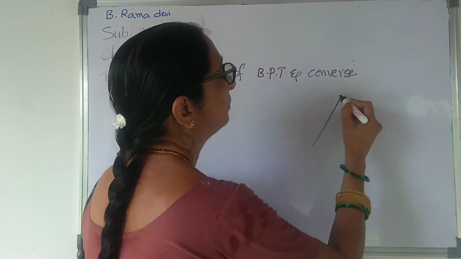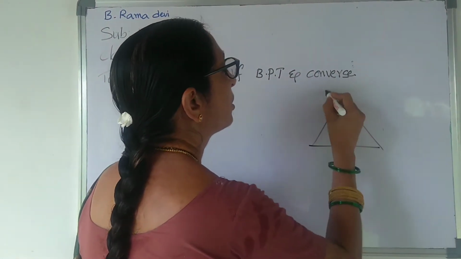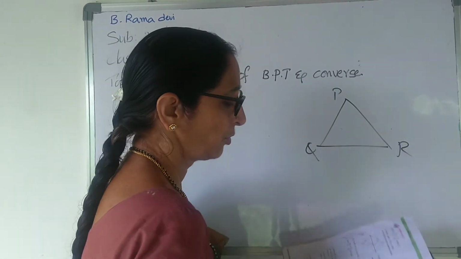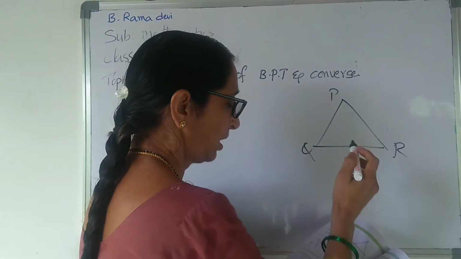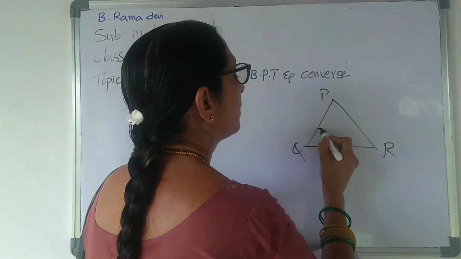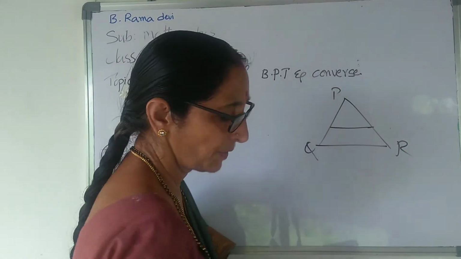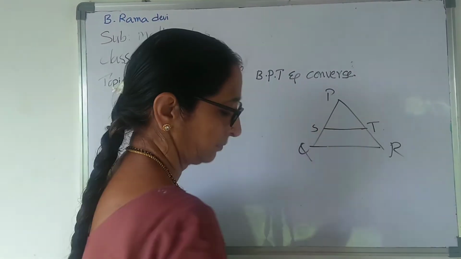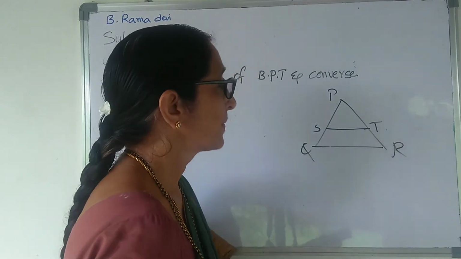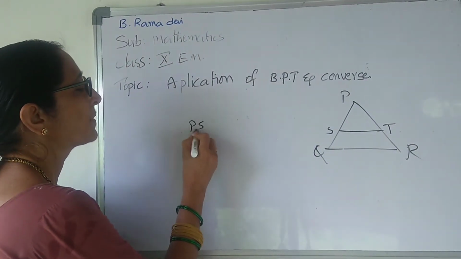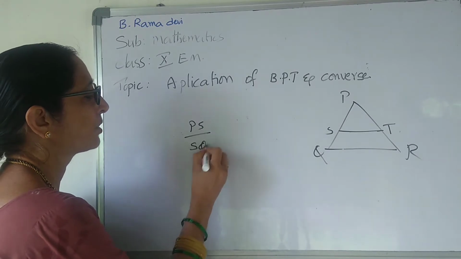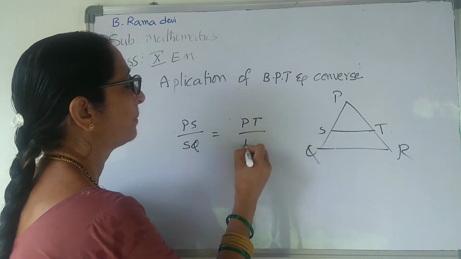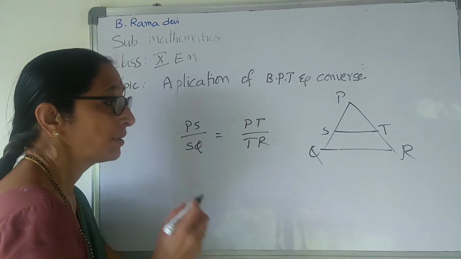ST is a straight line, a line segment. PS by SQ is equal to PT by TR. This is the data.